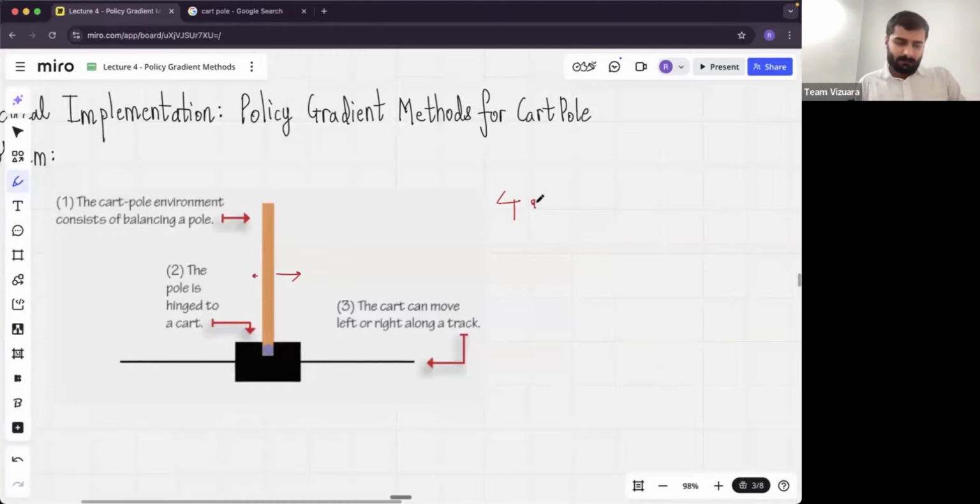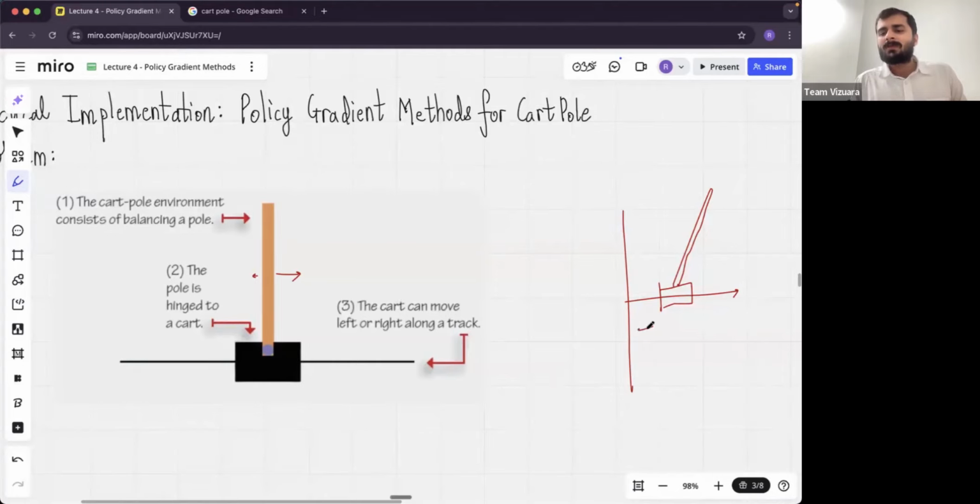Let me just visually explain this. Somehow my pen is doing some weird things, so my handwriting will not be good for this section, but it's fine. So this is the y and the x axis. We are going to use four state variables for this problem.